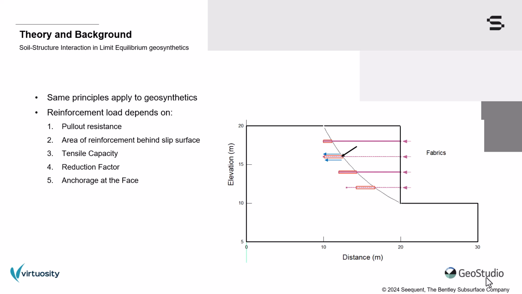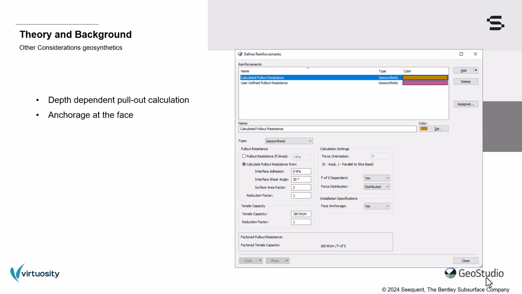And finally, the presence of anchorage at the face of the wall. In SLOPE/W, there are other considerations for defining a geosynthetic.